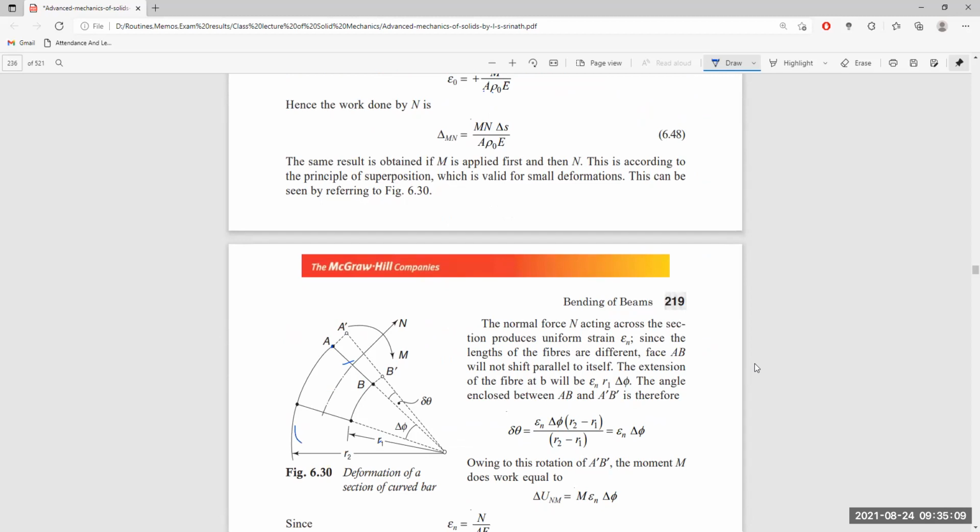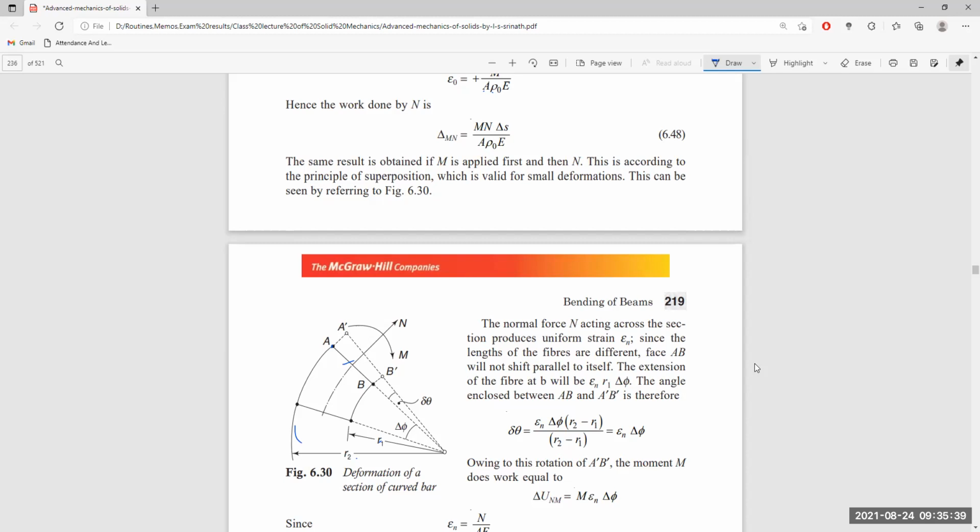That of A from the center of curvature is equal to R2 itself. And in this section, the elemental section is getting an eccentric force, having normal force N and a bending moment M. The normal force acting on the section produces strain epsilon N. Hence, the lengths of the fibers are different. Face AB will not stay parallel to itself. The extension of fiber B will be epsilon N R1 by rho 0.